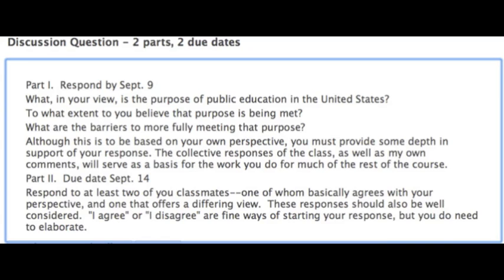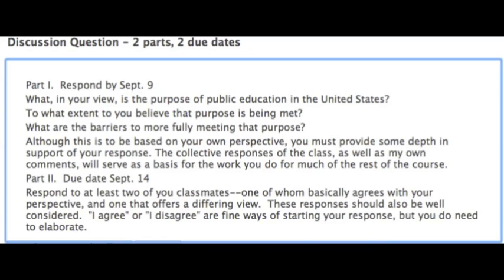It also brings to mind one of those keys that we brought up earlier. Make sure that you're mindful of the multiple threads or the multiple prompts within the prompt, that you're addressing all of them. This also demands, notice the paragraph there, although it is based on your own perspective, you must provide some depth in support of your response.